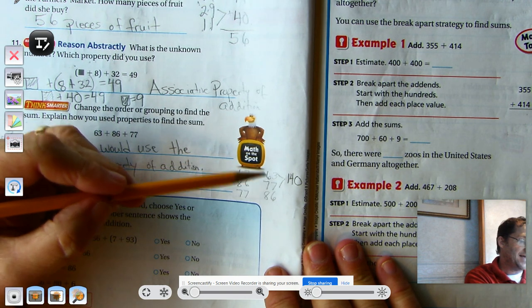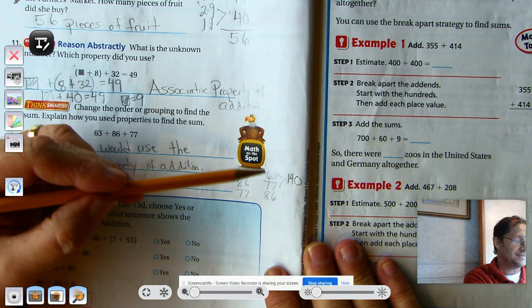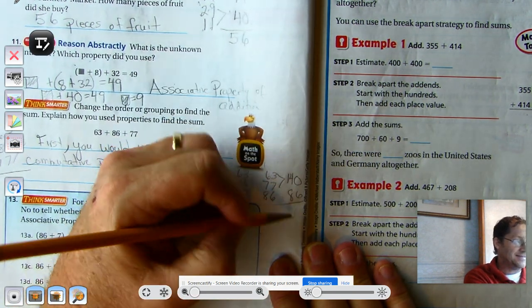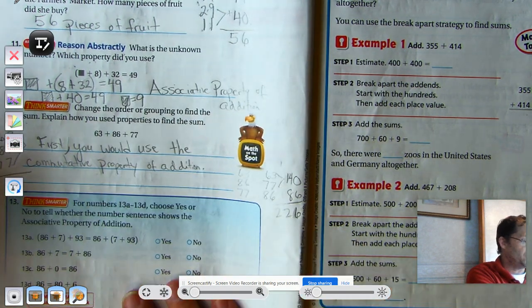Because 7 and 3 is 10, regroup the 1 10. 6 and 1 is 7, 7 and 7 is 14. So 140. And now I'm going to add the 6, which will give me a sum of 226.